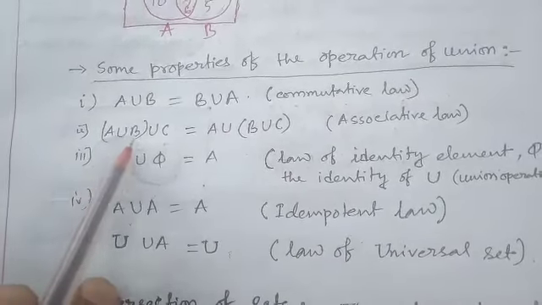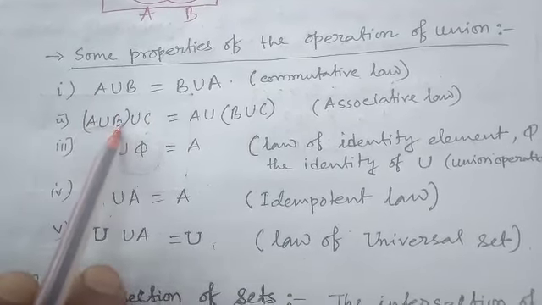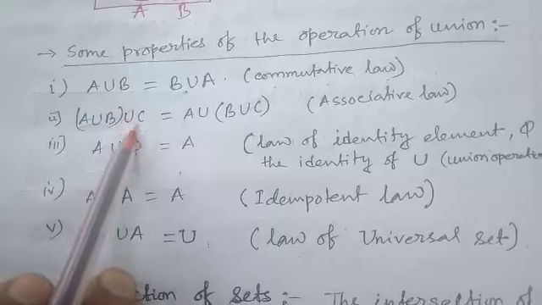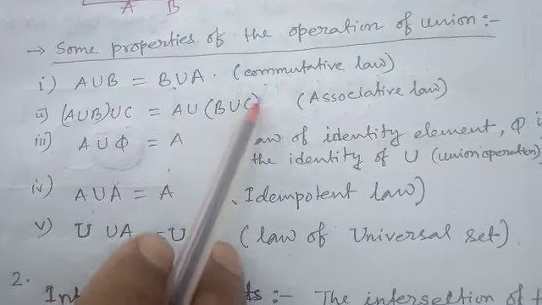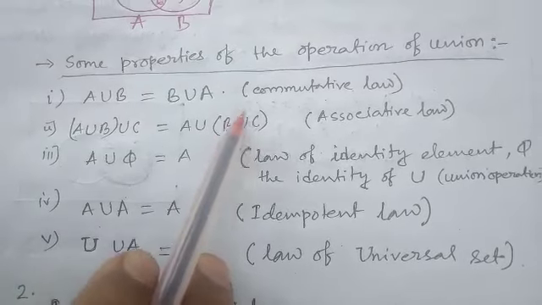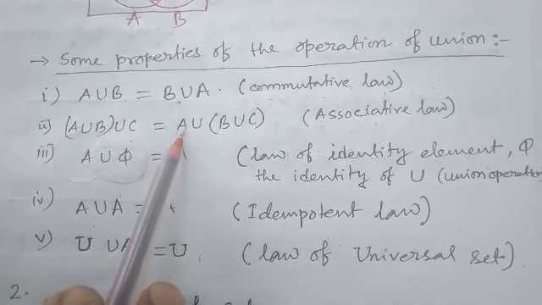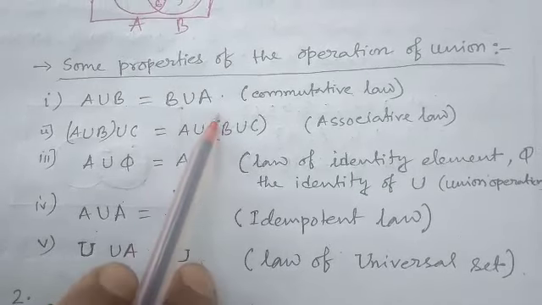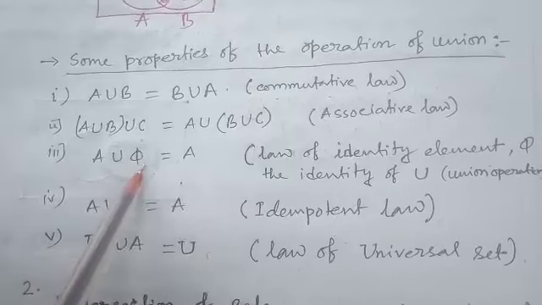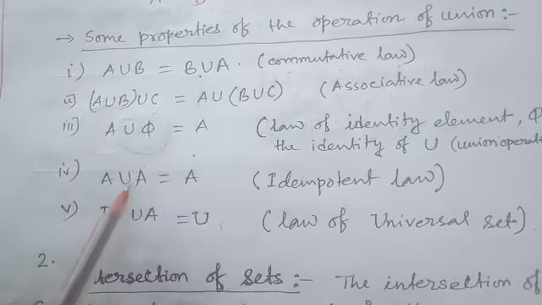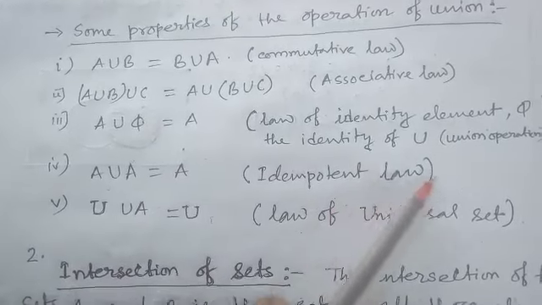And A union B union C, that is, first you do A union B and then union with C, equals A union the operation of B union C. First you do B union C, then the union operation with A. This is called the associative law. And A union phi equals A, and A union A equals A. This is called the idempotent law.